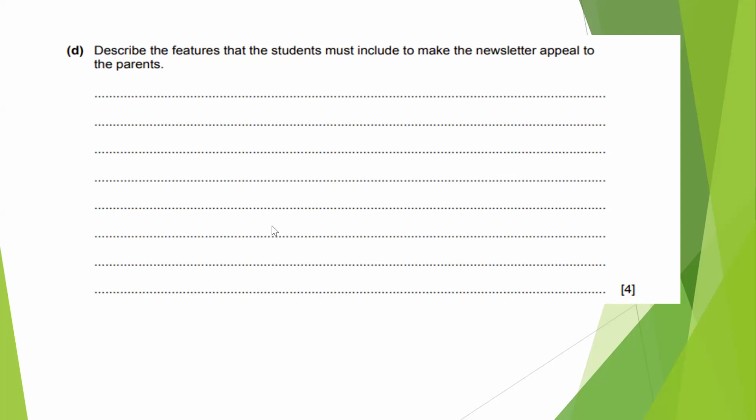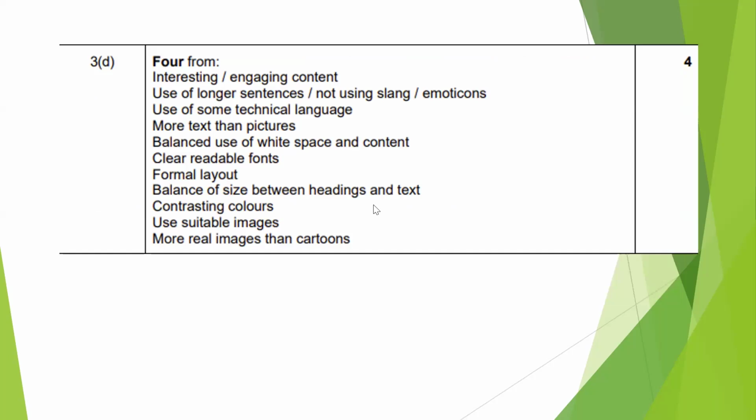All these things. See here, interesting and engaging content, so people can read it with interest. Use of longer sentences, not using slang, emotions. Use of some technical language, not much.